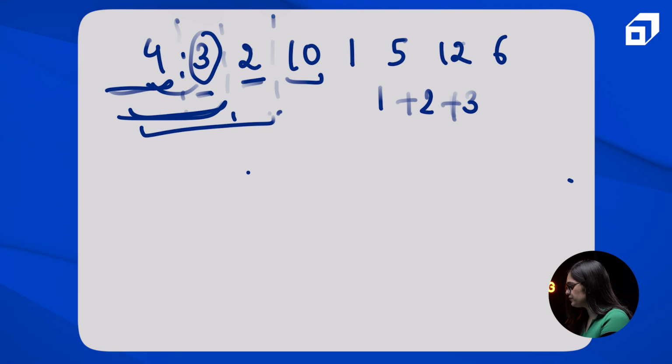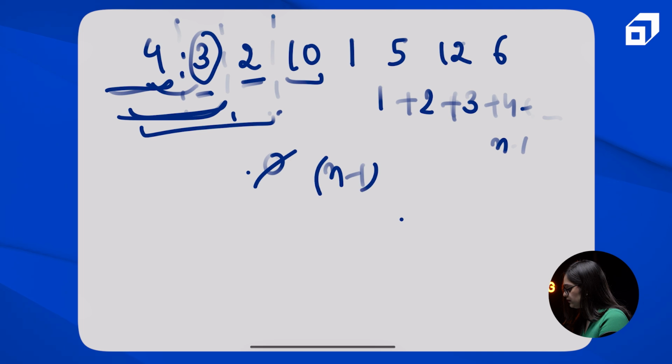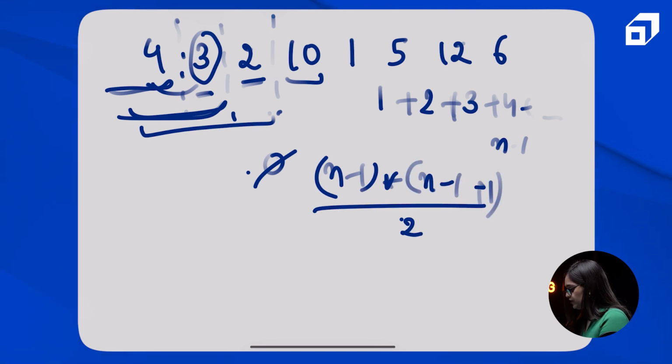So our number of elements to traverse will be increasing by 1 every time. So it will be like the sum of the first n minus 1 natural numbers, which is (n minus 1) into (n minus 1 plus 1) upon 2. So n into (n minus 1) upon 2.